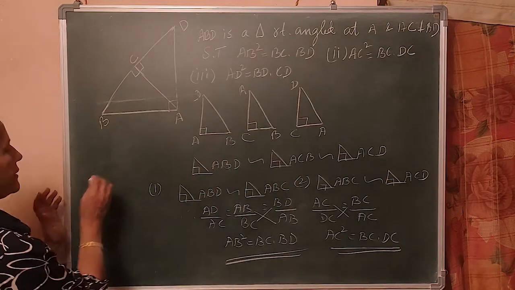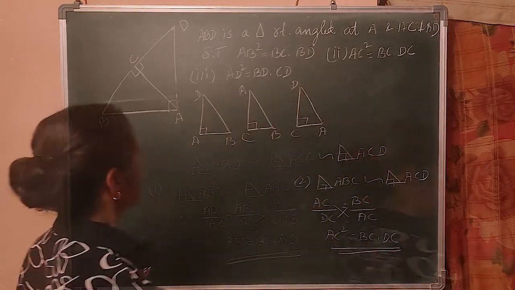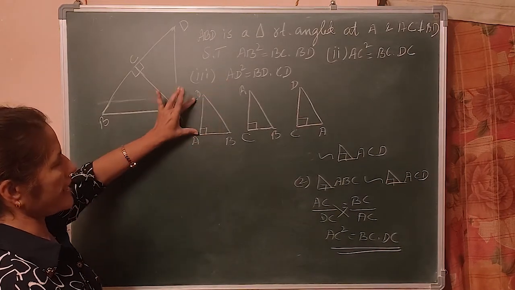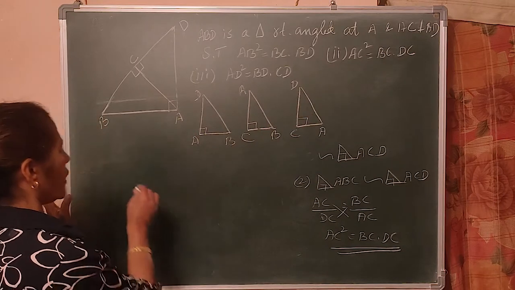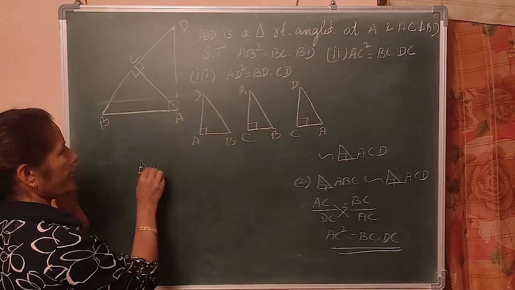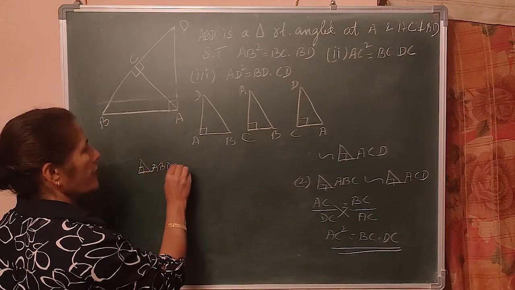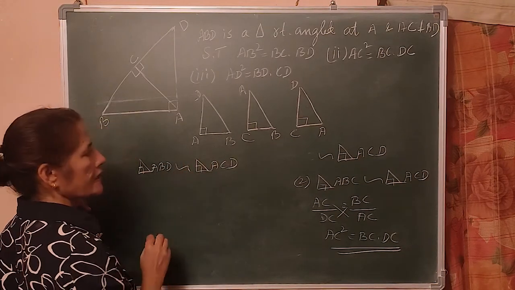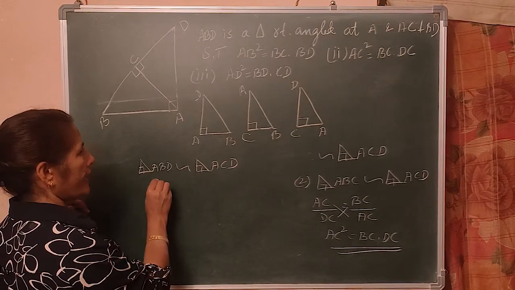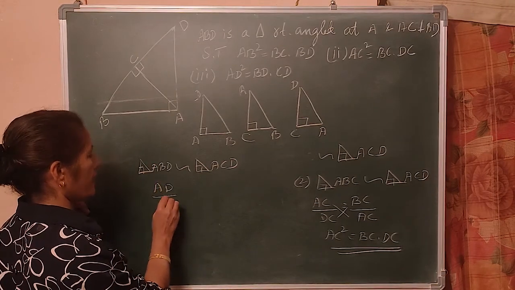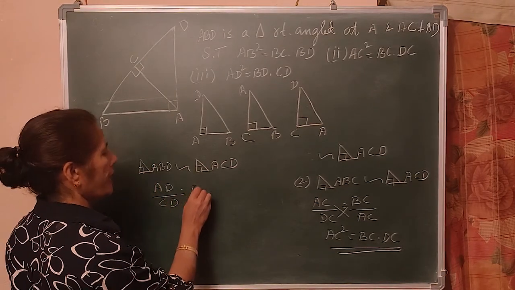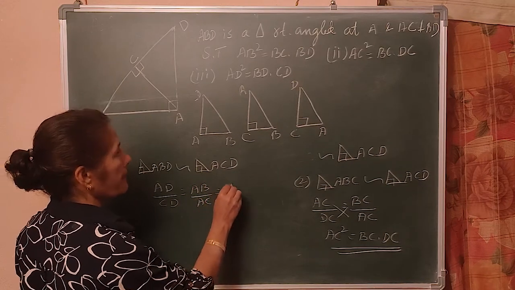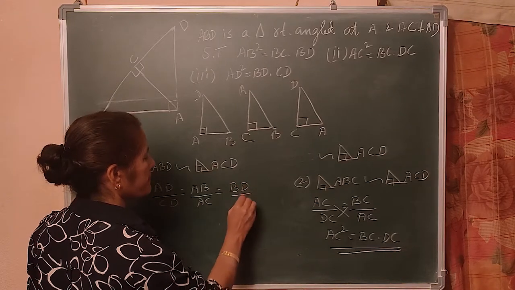Now what is the third one? Let me go to the third one. Third one I have to get AD square. Where is AD? AD is here as well as here. So I write down right angle triangle ABD is similar to right angle triangle ACD. Right? So AD by CD is equal to AB by AC is equal to BD by AD.